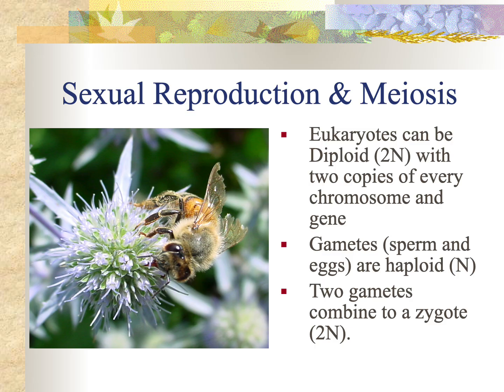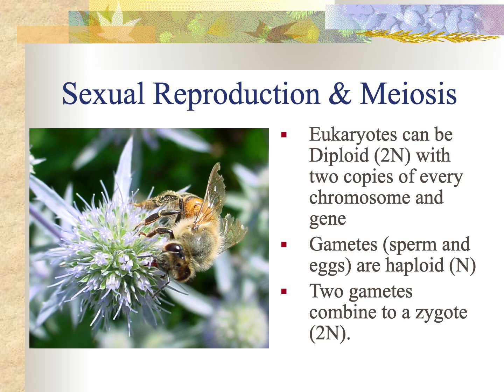What's unusual is that in eukaryotes, right before reproduction, the organism makes gametes, where the chromosome numbers are reduced. And so sperm have half the number of chromosomes, and eggs have half the number of chromosomes. These two gametes combine to produce a new organism, a zygote, which will then have the diploid number of chromosomes.